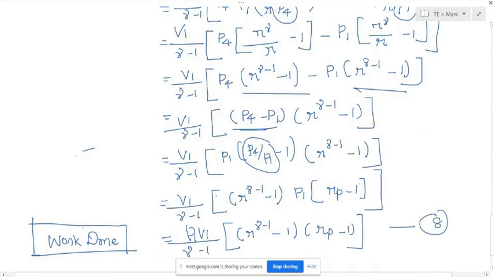Else, if the pressure and volume parameters are given, you can go for this equation in terms of the compression ratio and pressure ratio, right? So depending upon the conditions given in our problem, you can choose the formula for work done calculation, whether a basic formula or one in terms of parameters. Okay.